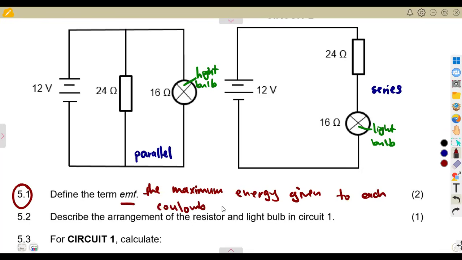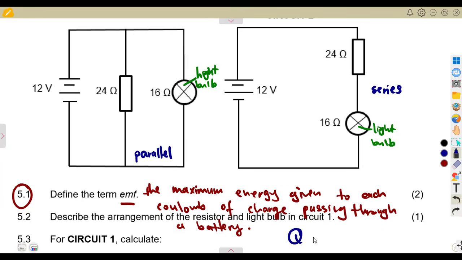All right, the coulomb is the unit of charge. So to each coulomb of charge passing through a battery. That is what we are going to have. Remember that the coulomb is the unit that you consider for Q, which is our charge.